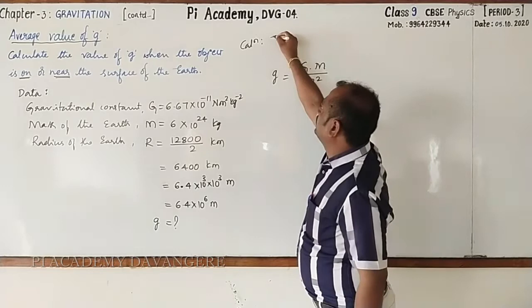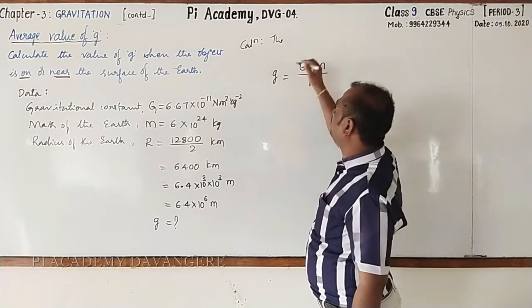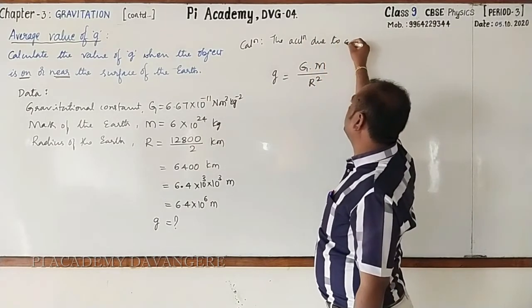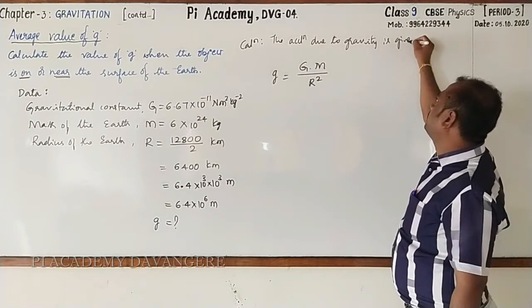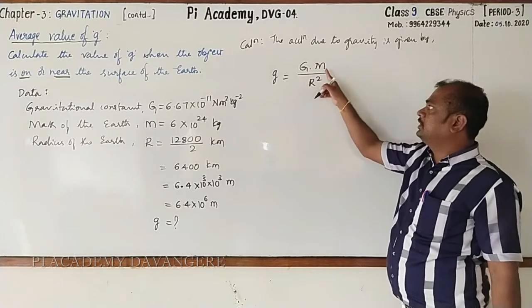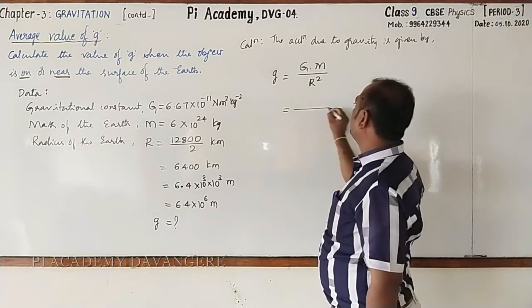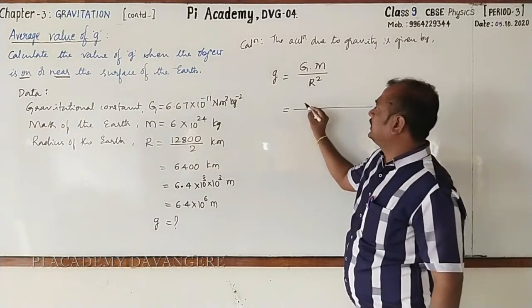And the acceleration due to gravity is given by this formula. It can be written as g = G M / R². Now, what is capital G? Let's substitute.